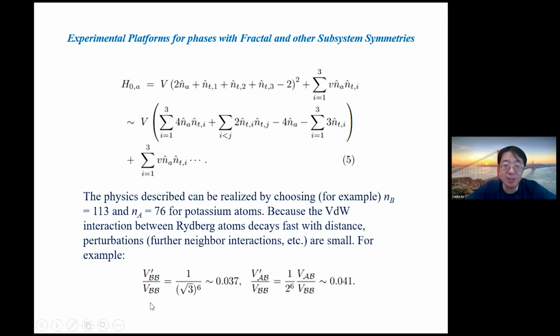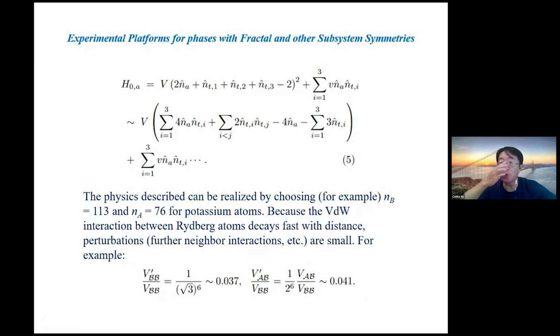For example, the next neighbor target atom interaction is about 4% of the nearest neighbor target atom interaction, and the next neighbor target atom and auxiliary atom interaction is also about 4% of the nearest neighbor interaction. So the interactions are there, but they are not going to be very big.